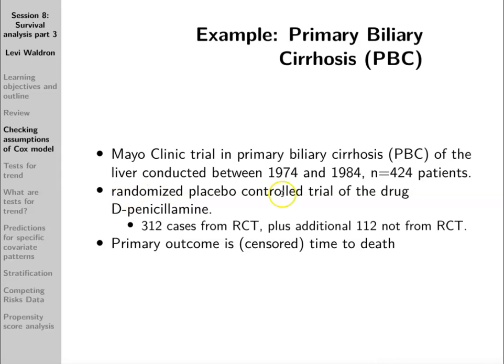It's a randomized placebo-controlled trial of the drug D-penicillamine, and there are 312 cases from the RCT plus another 112 cases that were not from the RCT. And the primary outcome here is a right-censored time to death variable.